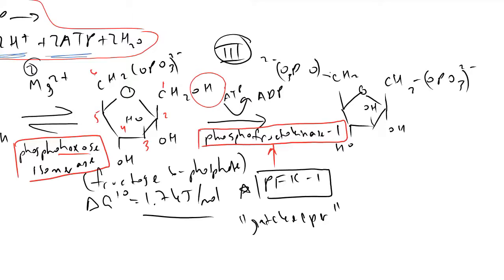Because we have an ATP hydrolysis occurring, we take on a very negative value for the Gibbs free energy of this reaction, equal to minus 14.2 kilojoules per mole.